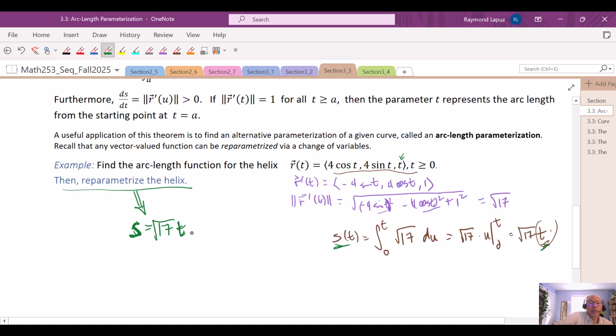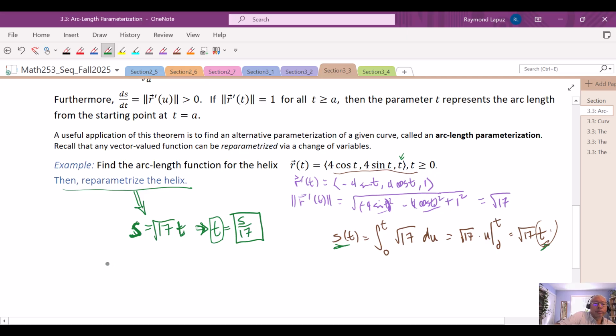So then this will lead us to t equal to s over root 17. And so to reparameterize so that we have our parameterization with an s in it, we can simply replace the variable t with this.